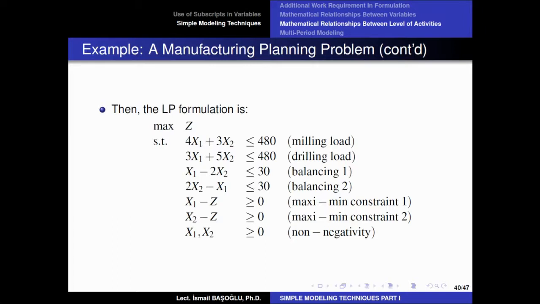However, here's the case: z cannot be negative actually in reality, because z is defined as the minimum of x1 and x2, and it is maximized here by the enforcement of the objective function. z can never be negative. So providing a constraint which indicates z to be greater than or equal to 0 would be simply a redundant constraint.